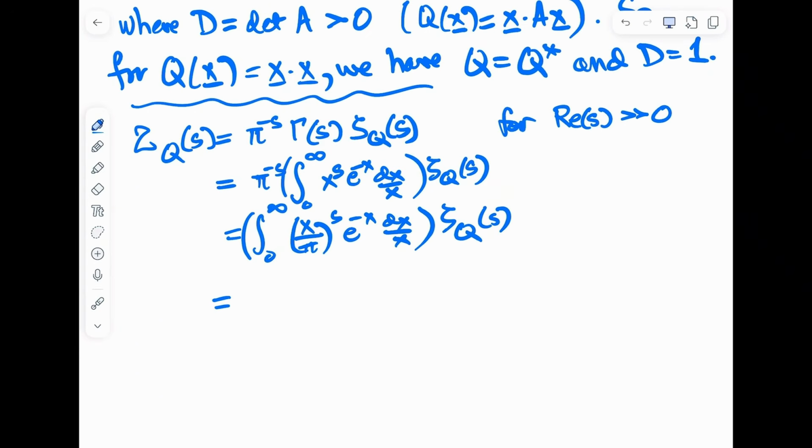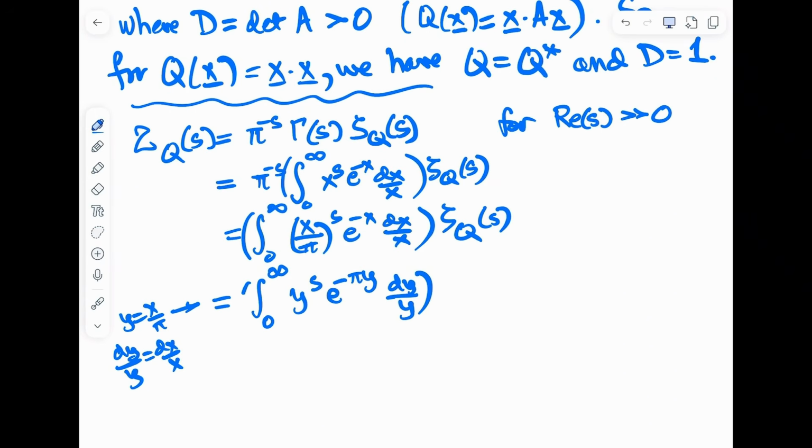Of course, let y be x over pi. A multiplicative change of variables will not change dx over x; dy over y is dx over x. The range of integration is still from 0 to infinity. Now you get y to the s, e to the minus pi y, and dx over x is dy over y.